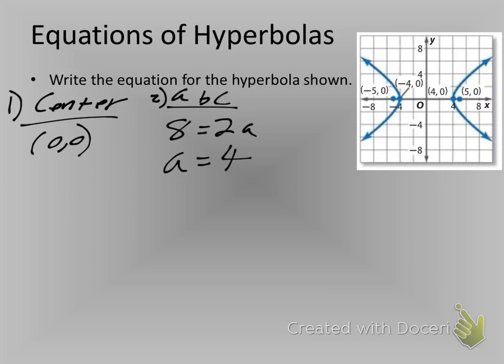Now you don't know your co-vertices though. You know your foci, though. So that's where you have to use your c. C is the exact same way. It's the length from foci to foci. So from -5 to 5, 2c is 10, which means c is 5.